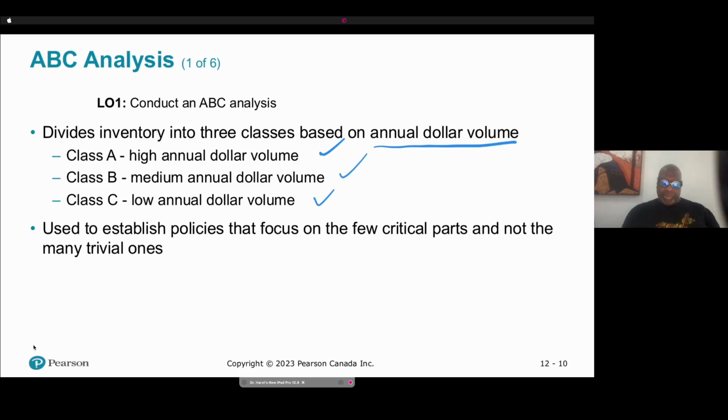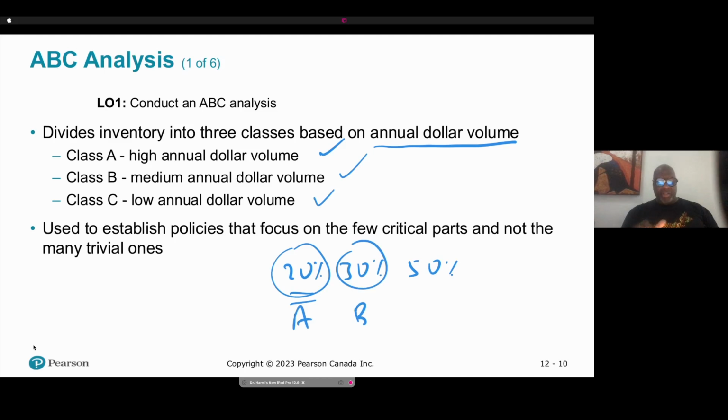And we use a sort of a 20, 30, 50 kind of a percent rule, in that we'll take the 20% of the items that is at the top 20% in terms of contribution, and we'll call those A items, most important. Then the next 30% we will call those the B items, and 50% the C items.